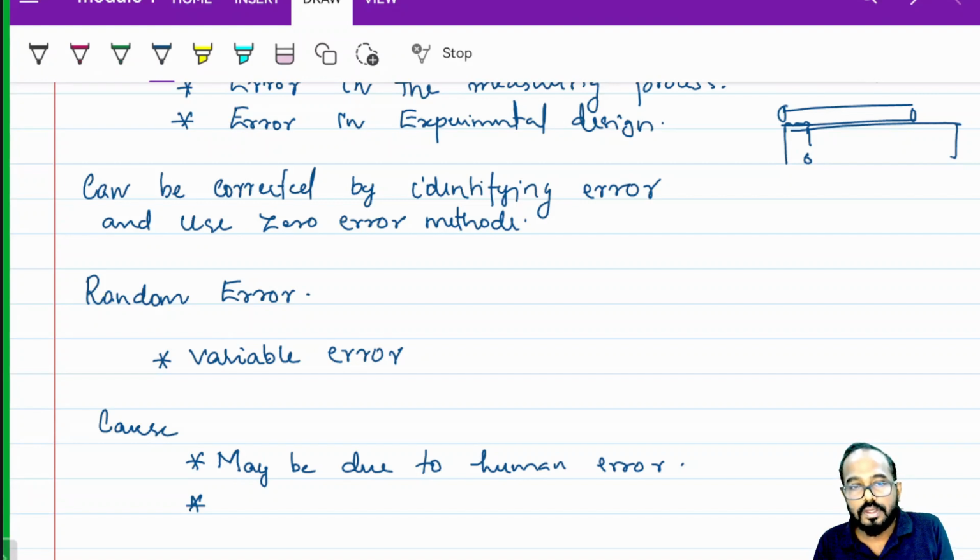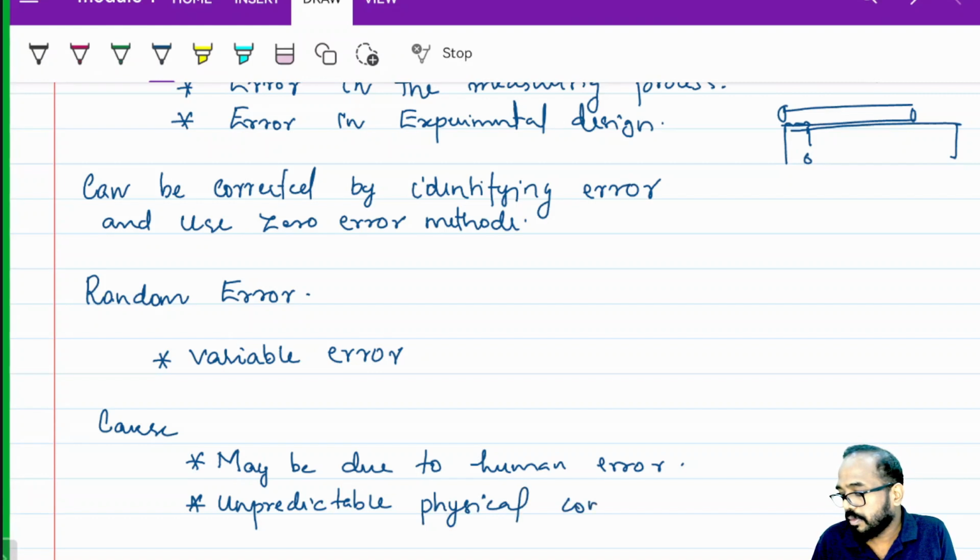Correct? So that is also another cause for the random error. What is that? Unpredictable physical condition.